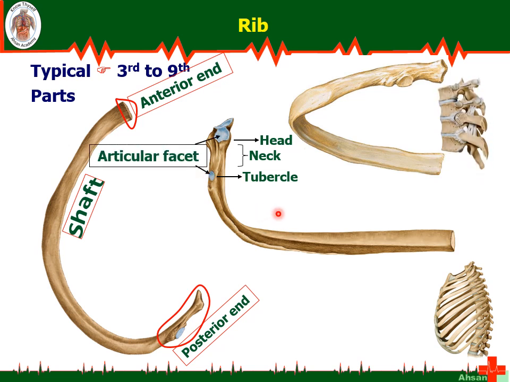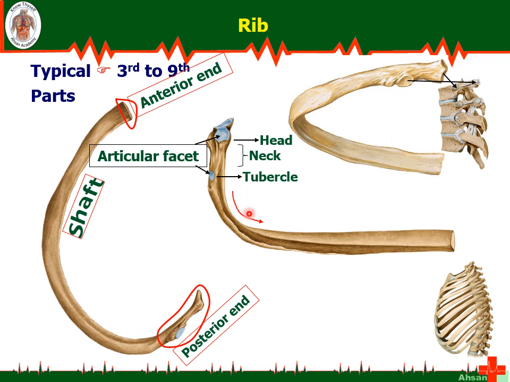An articular facet is also present over the tubercle, and this is oval in nature with a concavity. The head is attached to the body of the vertebra, and the tubercular facet is attached to the tip of the transverse process of the vertebra. These are the areas where they are articulated.